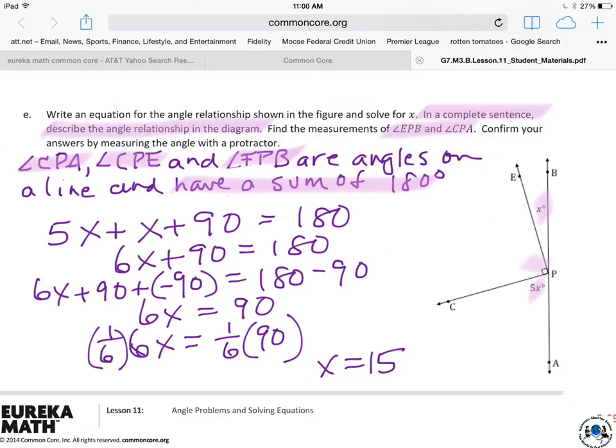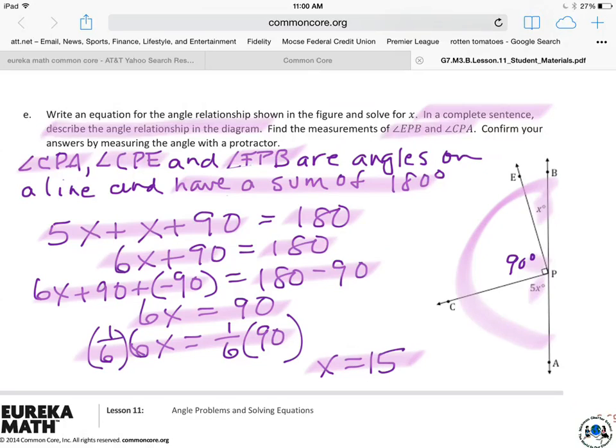Again, unwritten, but with the square there, we know that it is 90. Therefore, my equation looks like this: 5x plus x plus 90 equals 180. Combining like terms, 6x plus 90 equals 180. Taking away the 90 from both sides, 6x equals 90. Multiplicative inverse will get us to x equals 15.